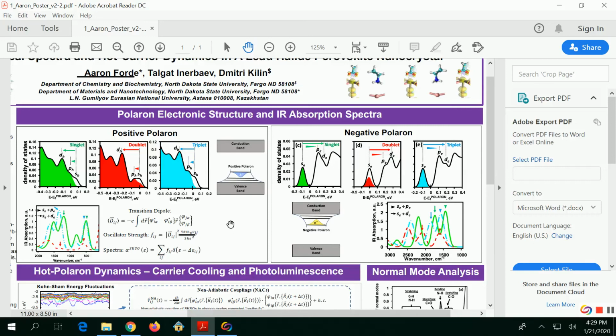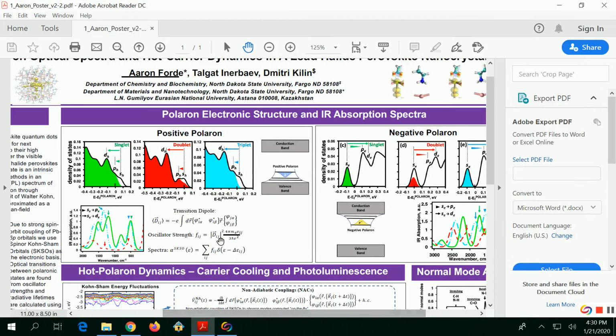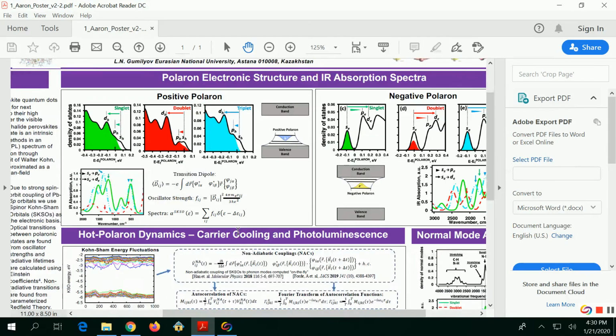For getting your transition dipole moment and all of that, why do you put it here instead of in your method section? I guess it's easier to reference the equation when it's next to the figure when somebody talks about it. That's how I formatted the rest of my poster too.